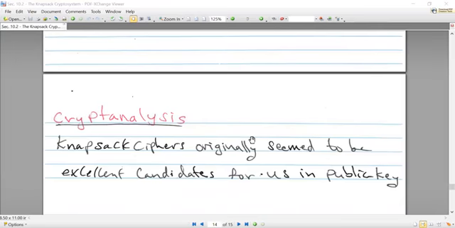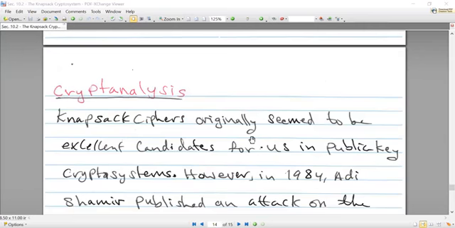The next thing is, it turns out many years later, the knapsack problem was actually attacked as a public crypto system, which means it's not used anymore.